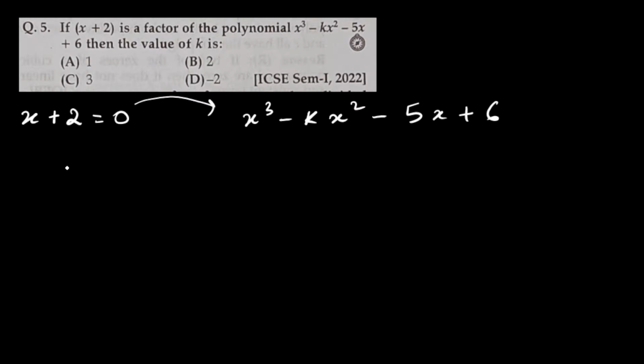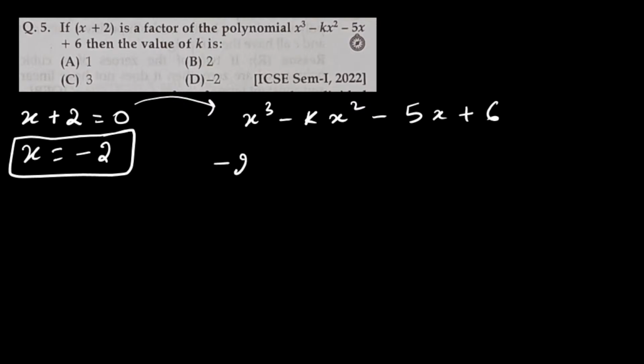So here, if we find the value of x, we will be getting the value of x as minus 2, because when we shift plus 2 to the other side it becomes minus 2. Now the value of x equal to minus 2 we will substitute in the second polynomial.